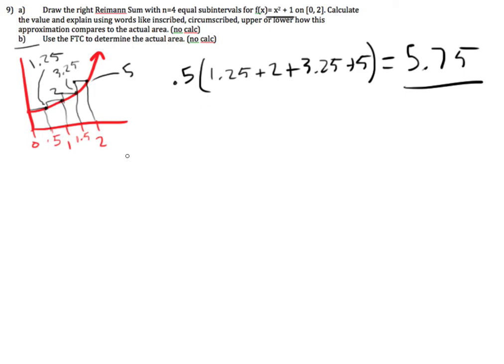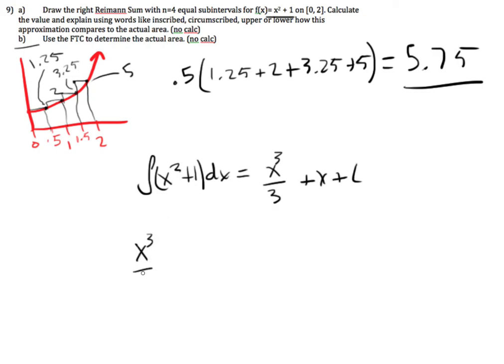So since we have the function x squared plus 1, just integrate that function, x squared plus 1 with respect to x, and you will get x cubed over 3 plus x plus c, but with our notation, x cubed over 3 plus x evaluated from 0 to 2.